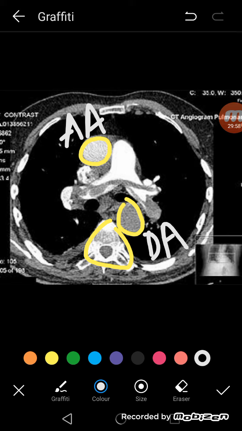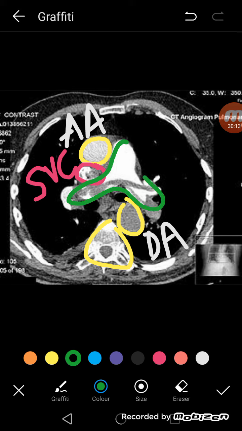And this small region over here is your SVC, superior vena cava. And what is this thing? It is your pulmonary artery.